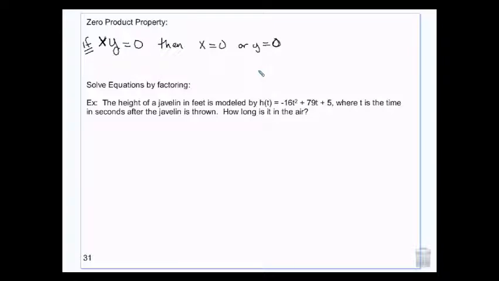Makes sense, right? If you multiply two things together and the answer is 0, one of those things had to be 0. So we use this property to solve equations.